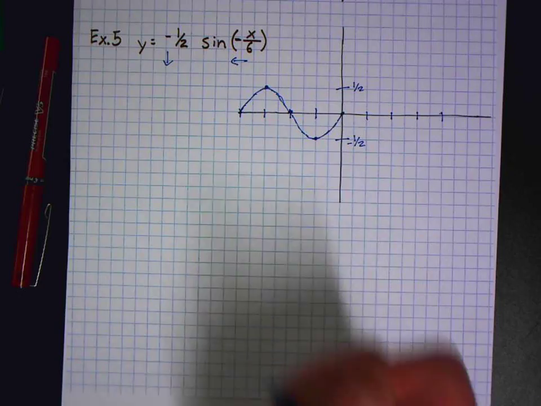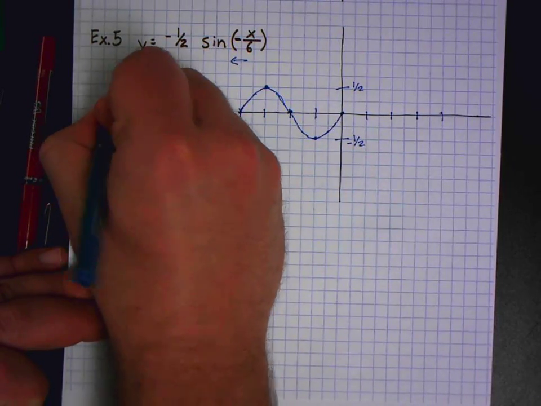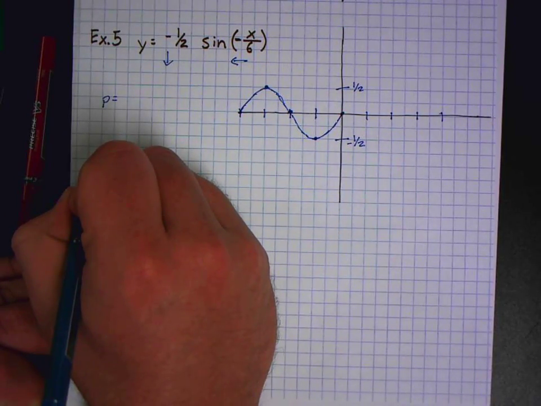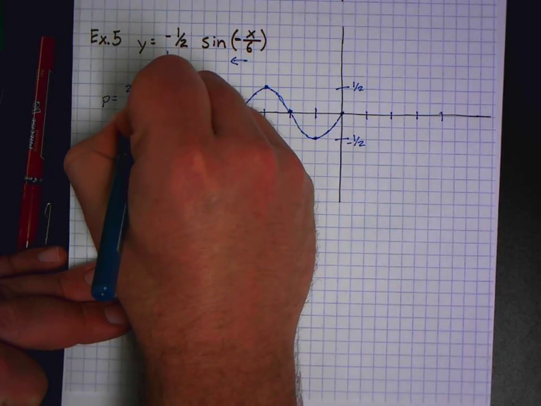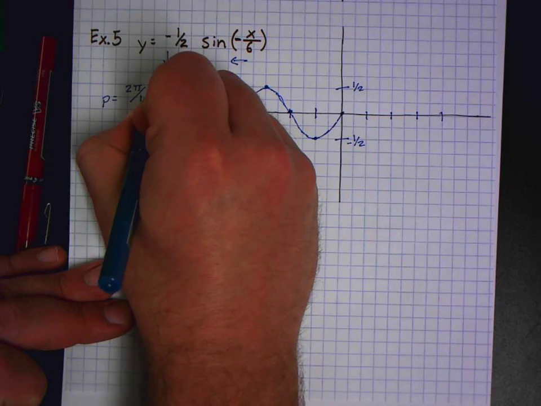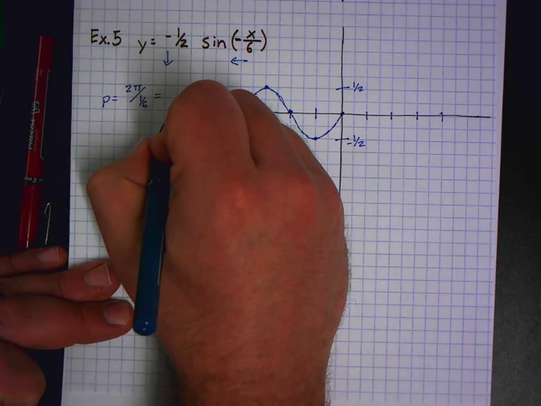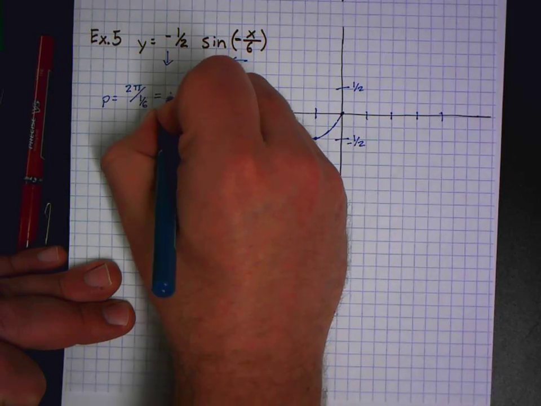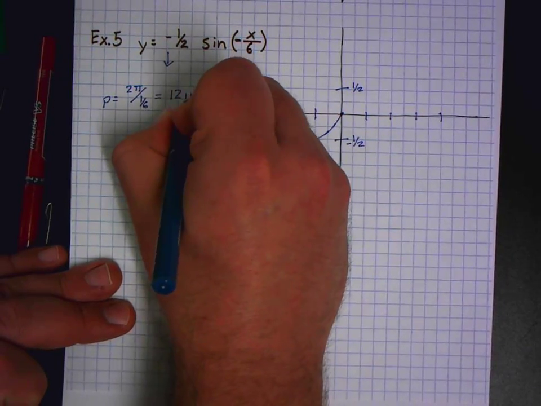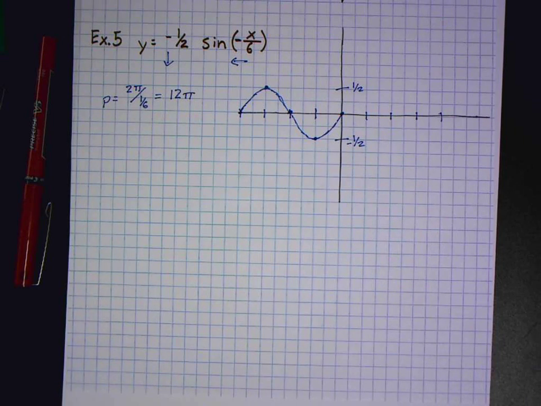Okay, my period. So the first number is the amplitude? Yep. My period is 2 pi divided by 1/6. So what's my period? 12 pi. You can ignore the negative. We already took care of the negative because we made it go backwards.